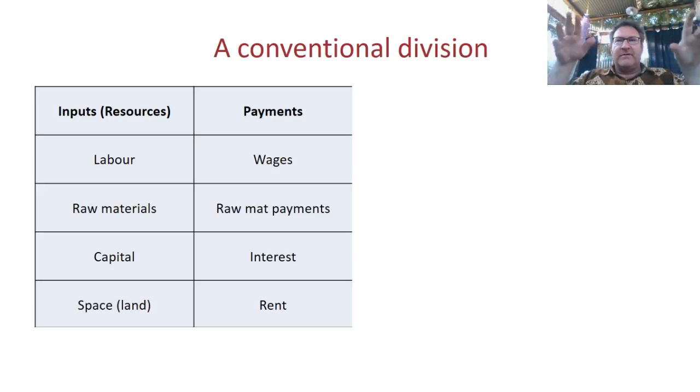in order to build a factory, the entrepreneur will borrow money to do that. So the price, in inverted commas, that they are paying for the money to build or acquire the factory is the interest payments on that loan. And then we've got space or land, and the conventional term for the payment of space or land is rent.